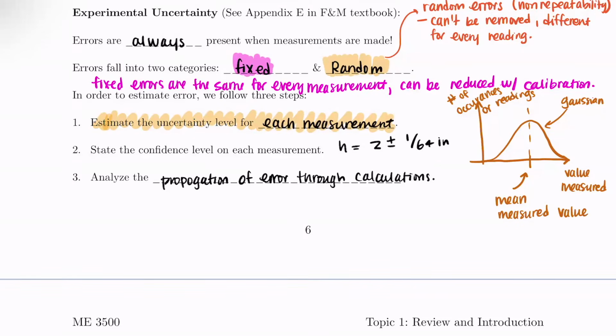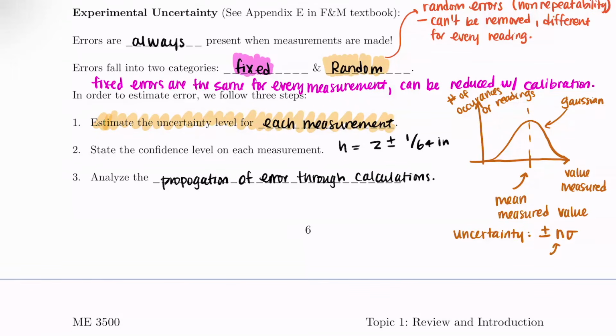And then if you were to have repeated this measurement exercise enough times that you get a nice distribution that looks like this, you could calculate your uncertainty using properties of this Gaussian distribution. So uncertainty is defined as plus or minus n sigma. So this is our standard deviation.